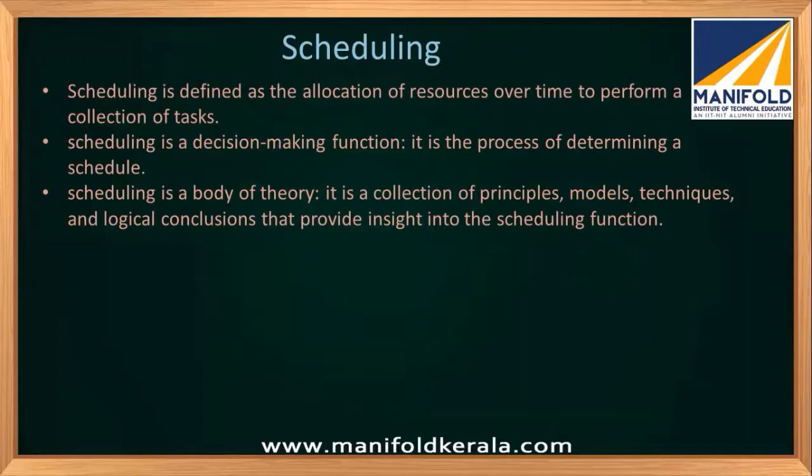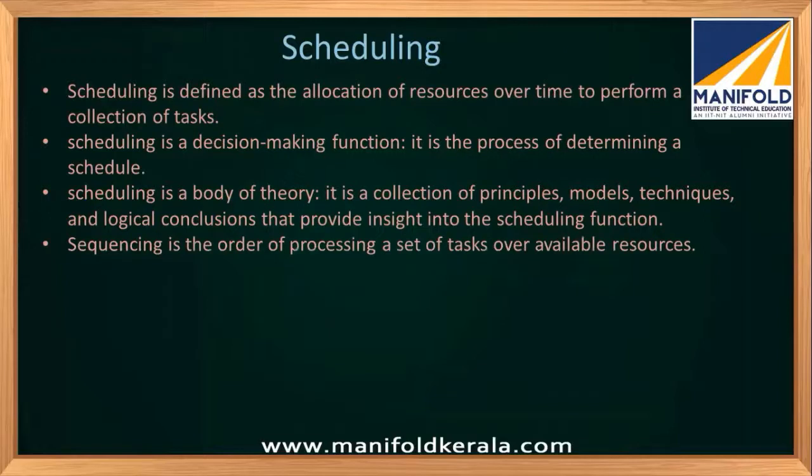Now, what does sequencing mean? It is the order of execution of the tasks, right? In which order we are processing. Suppose we are going to make some parts with manufacturing processing. How does that order go? Suppose we will cast them, then we will finish them.